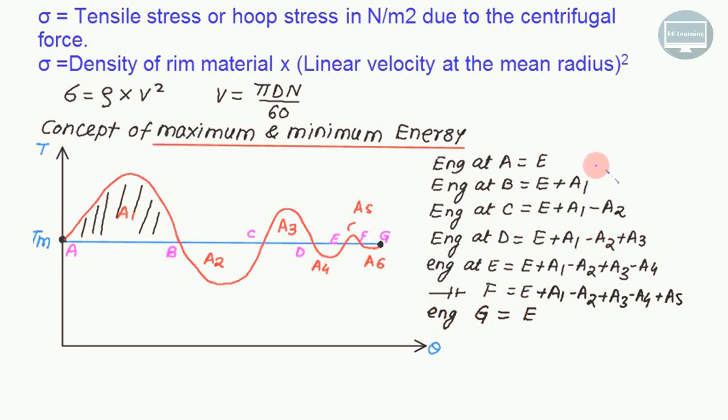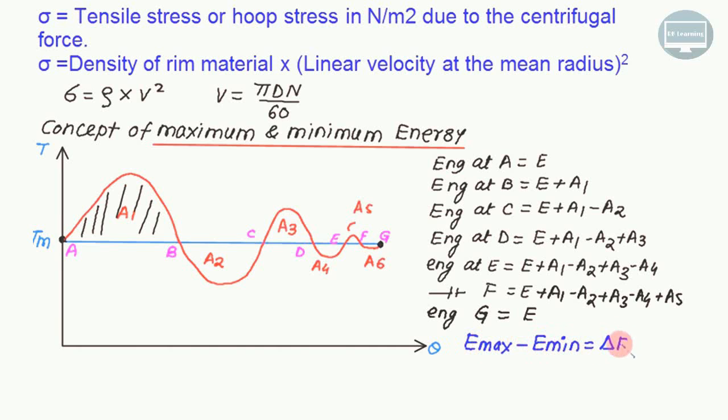Out of this calculation, one of the energies will be maximum and one will be minimum, which you have to find numerically. This difference of energy is stored in the flywheel.